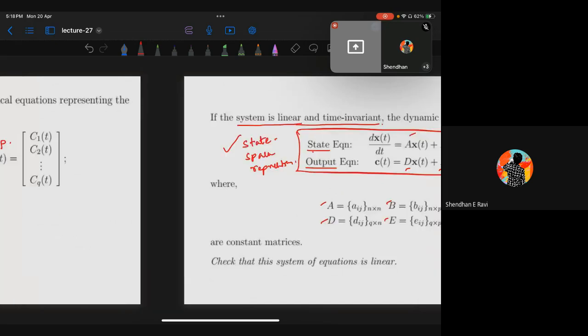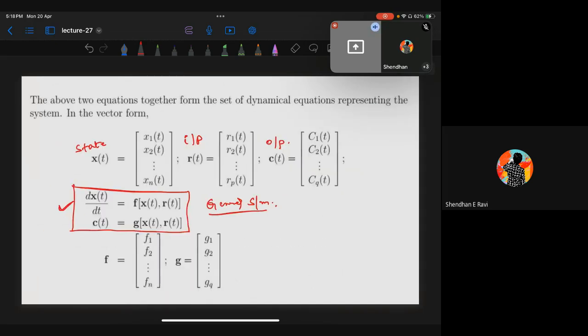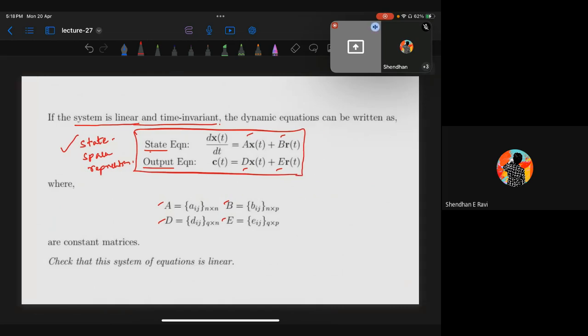So how did we get this one from this? General systems are generally nonlinear systems, and this is for a linear system. So how do we convert a general nonlinear system to a linear system?